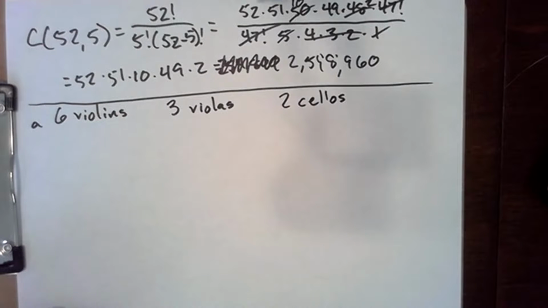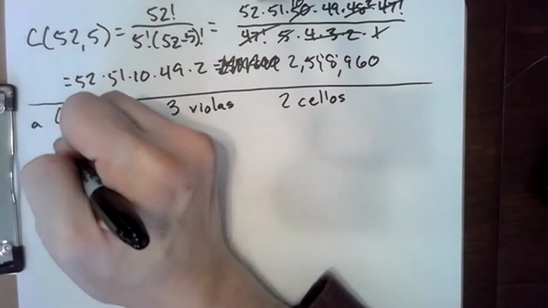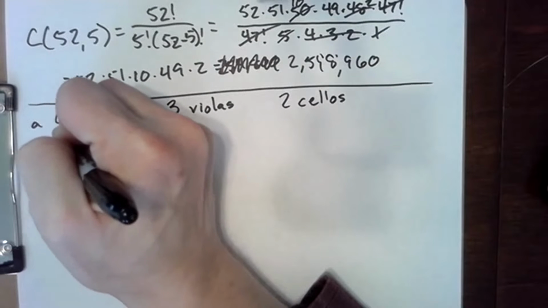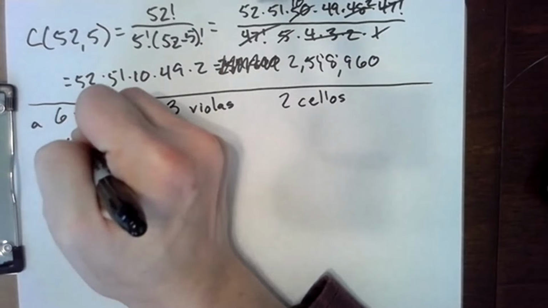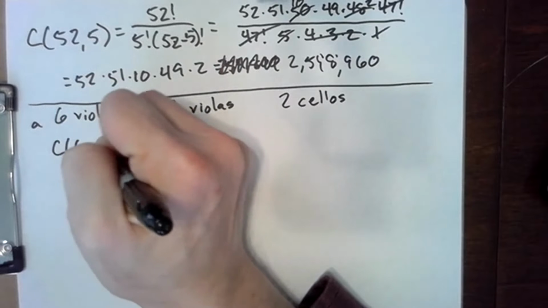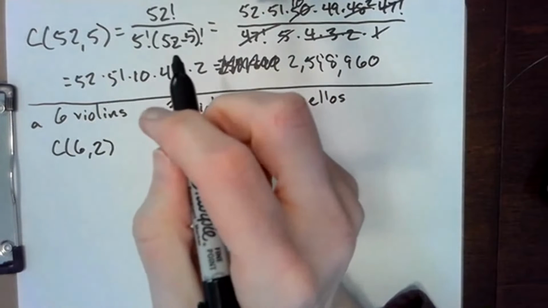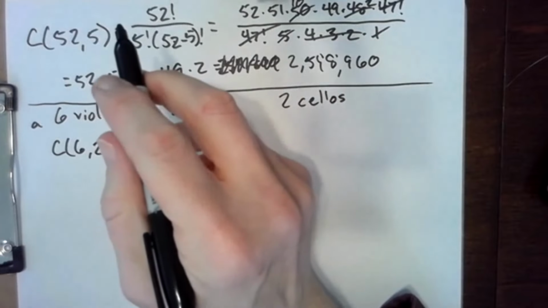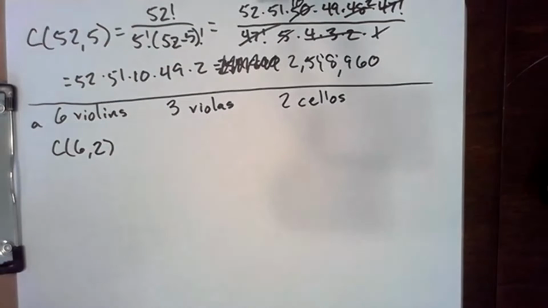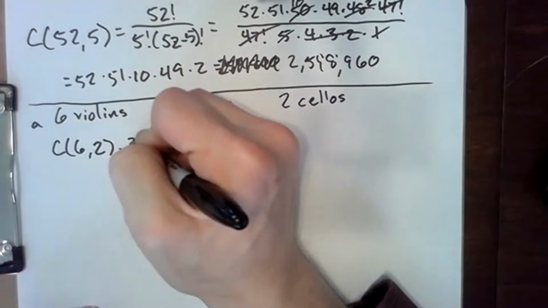So if it doesn't matter the order in which we are going to pick our violins, this is going to be C(6,2) times, I'm going to pick 1 violist and 1 cellist, so that's just 3 times 2.